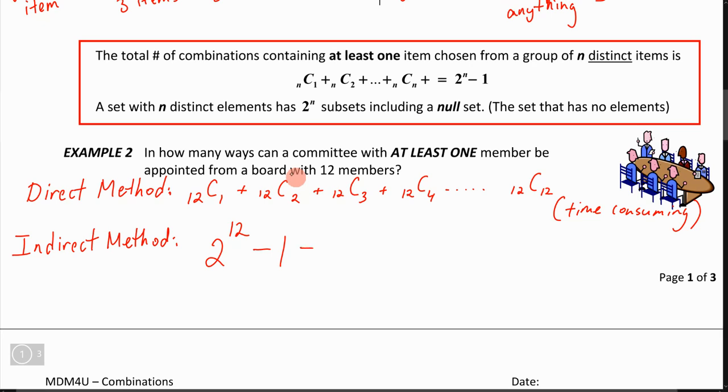That gives me 4,095 combinations. So there are 4,095 ways to select a committee with at least one member.